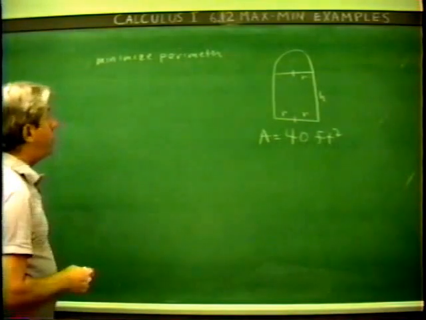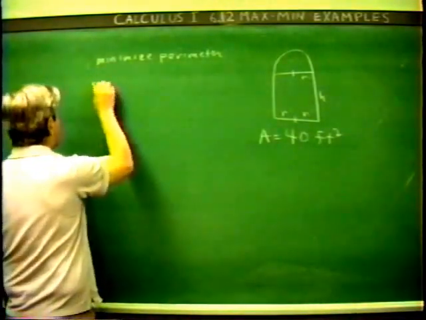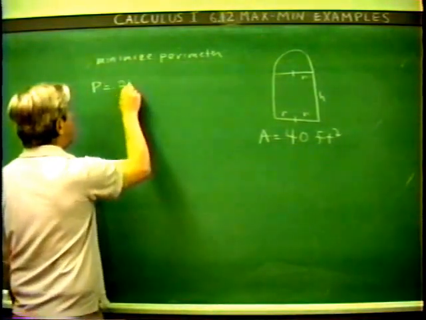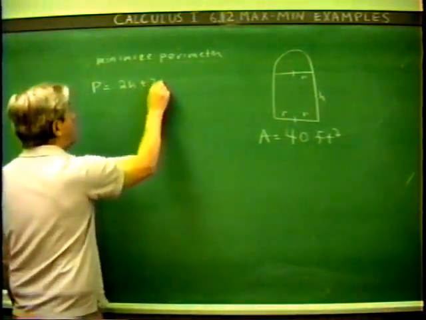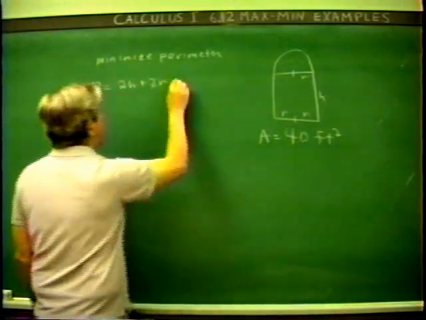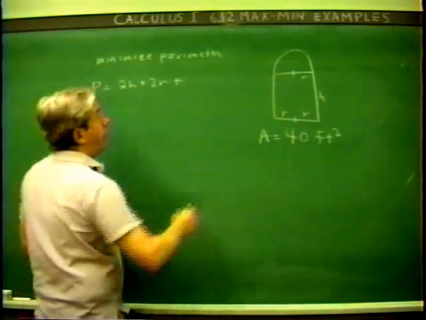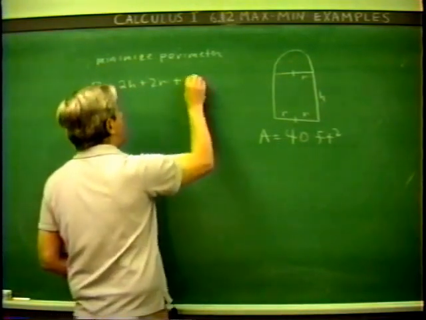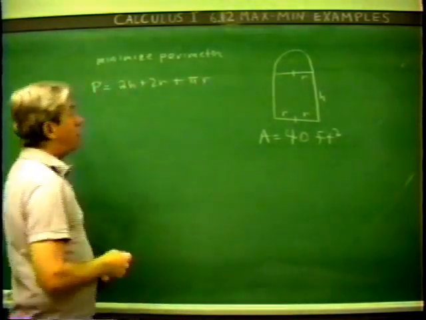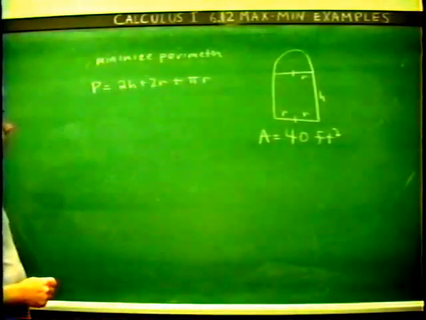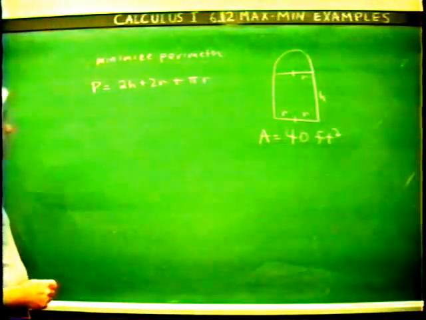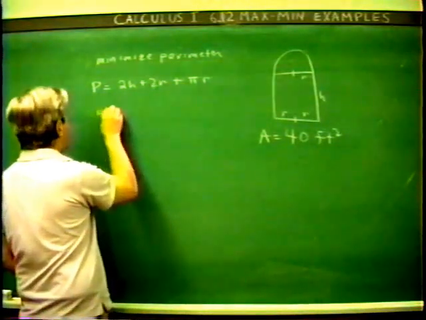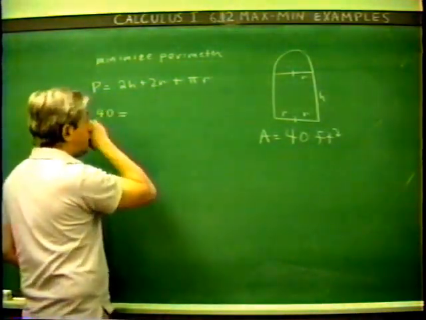Well, if this is H, and this is R, and this is R, and this is R, then the perimeter is going to be 2H plus 2R plus, 2 pi R would be an entire circle, so it's going to be pi R. Okay, and there's the perimeter.